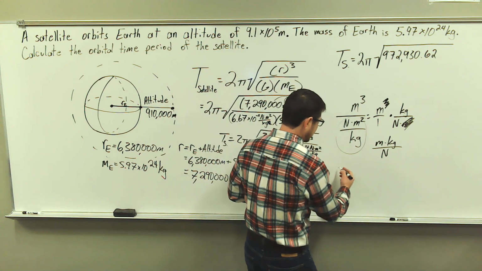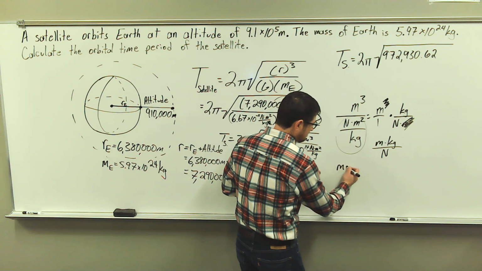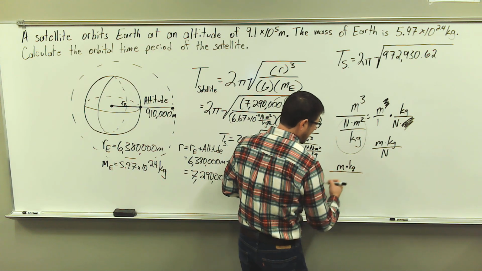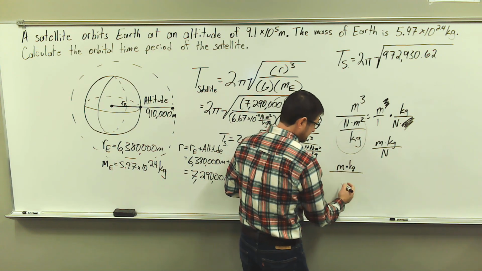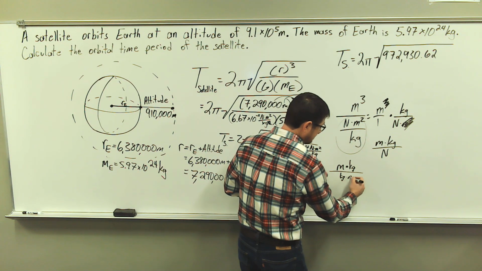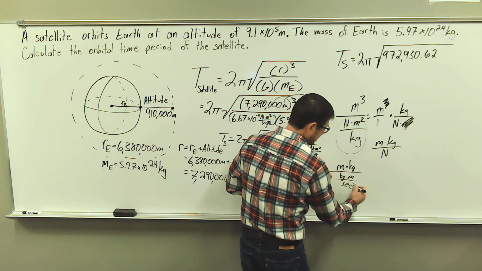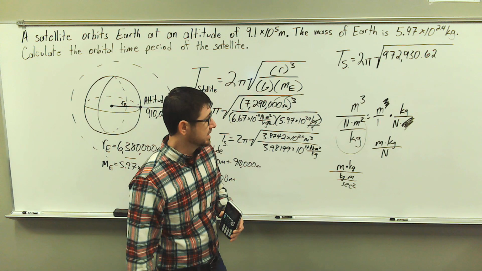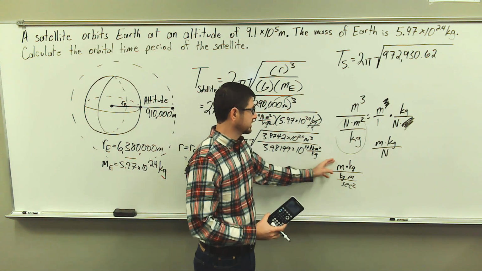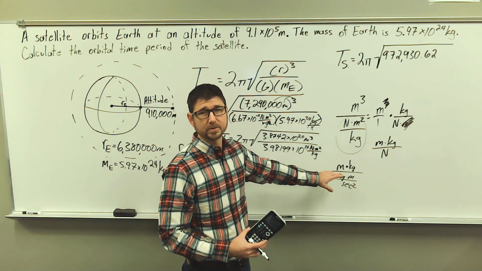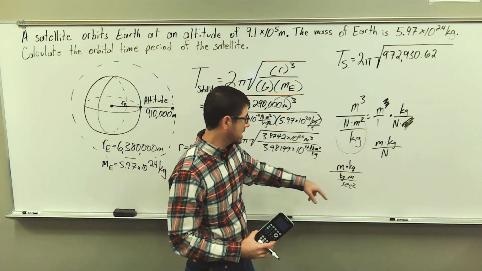So what I've got is meter kilogram divided by, let's break this Newton down, so I've got a kilogram meter per second squared, okay? So once again, we're going to divide fractions here, so we're going to multiply by the reciprocal of our denominator.